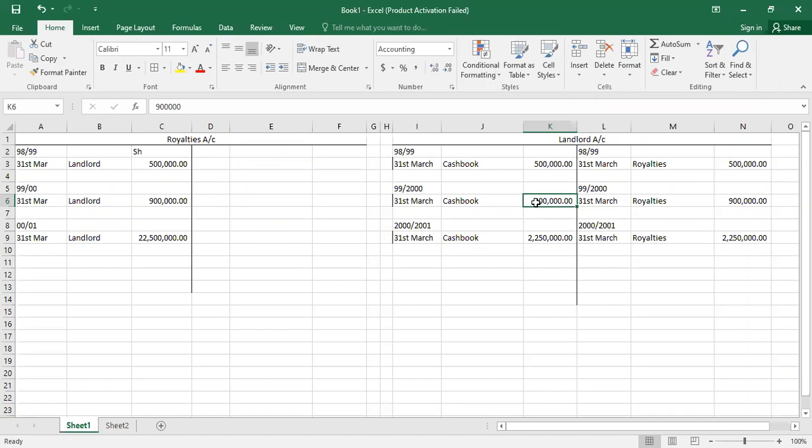Are we there? So our last transaction will be as at the end of the financial period. So we'll be closing these books for the first year. So we are going to debit now the manufacturing account and credit the royalties account.